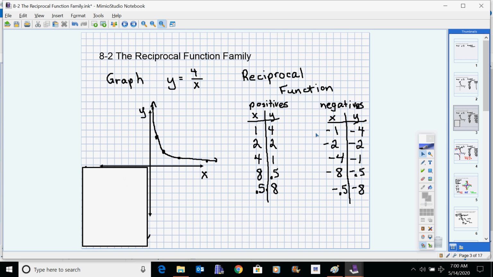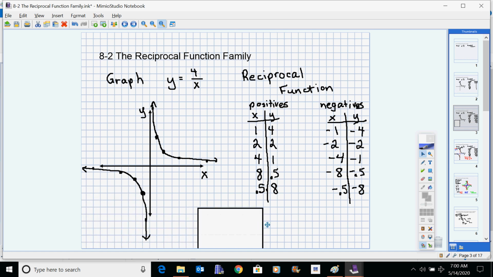So when we graph -1, we get -4, and so on and so forth. So what we find is this neat looking graph and a reflection over here and a line that goes right down here through y equals -x. That would be where you would reflect it around. And this would be our basis for our reciprocal function.